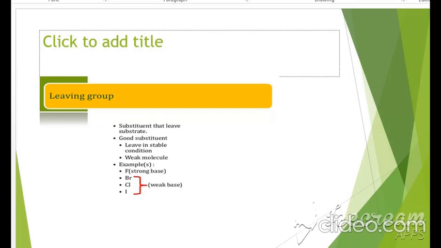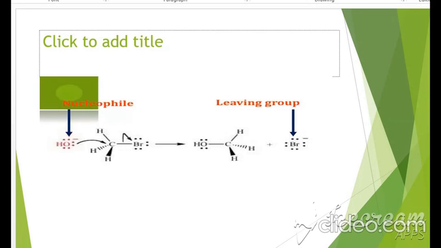Electron loving. It means any atom which is deficient in electrons and attracts electrons is called an electrophile.